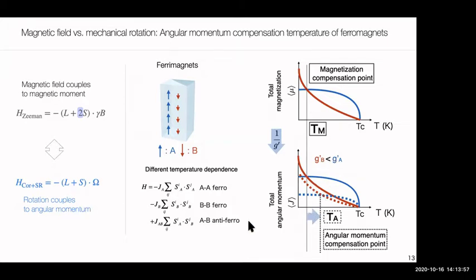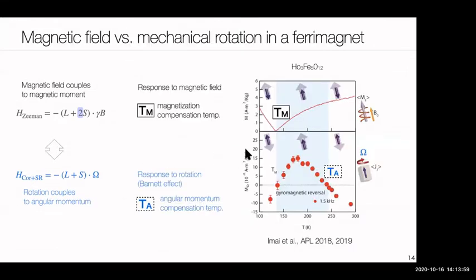Okay, so now this is our result. The upper panel shows the magnetization compensation temperature measured by the magnetic field responses. But due to our new technique, we can access the angular momentum conservation temperature shown at this point.